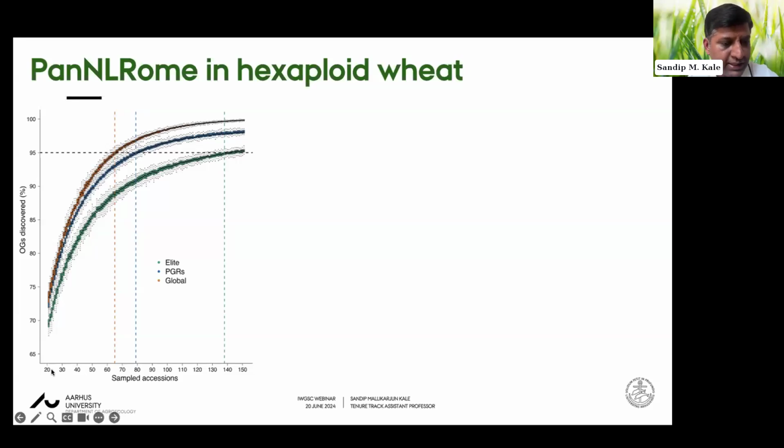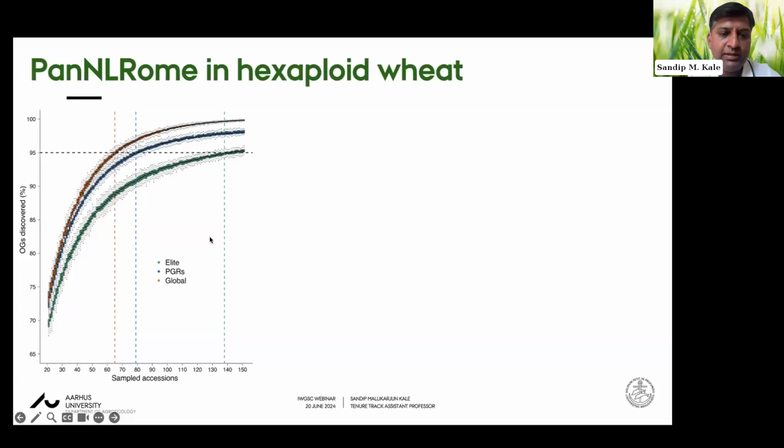You can see on this x-axis, these are the number of accessions, while the y-axis shows the clusters discovered. When we consider all these 800 accessions, 95% of the NBS-LRRs can be captured using around 65 random samples. When we consider only plant genetic resources, we need around 80 random accessions to reach this 95% saturation level.